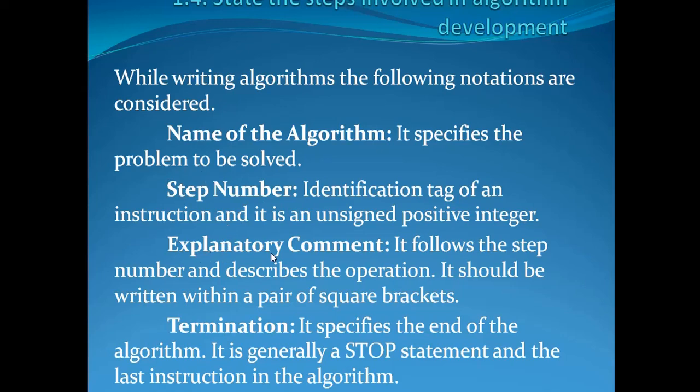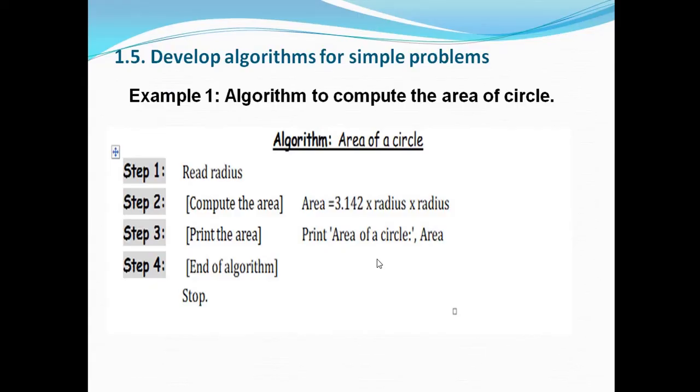And these are the explanatory comments, which are written in square brackets. So the square brackets explain what the step is going to do. This one explains compute the area. It means this statement is going to compute the area. This is the formula for the area of a circle.